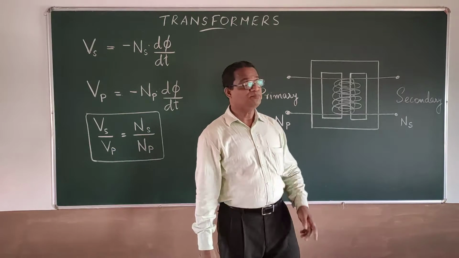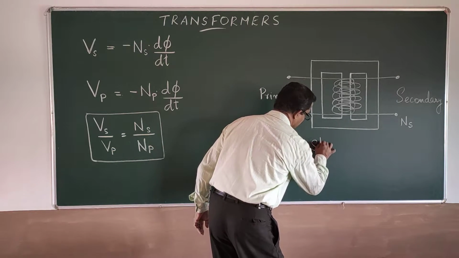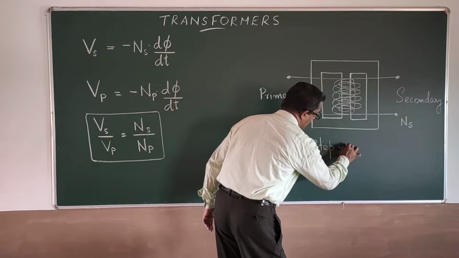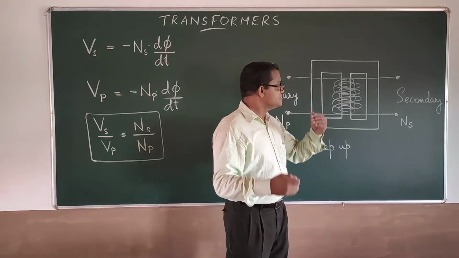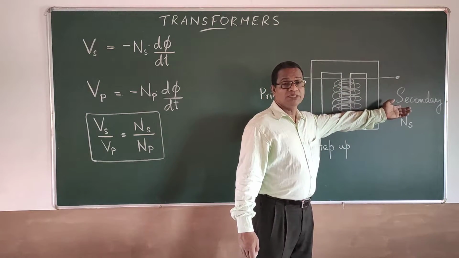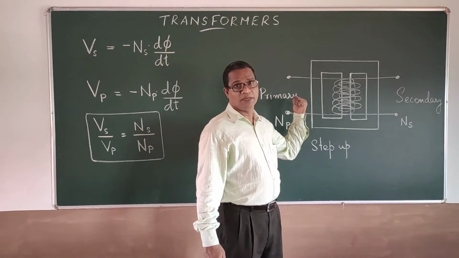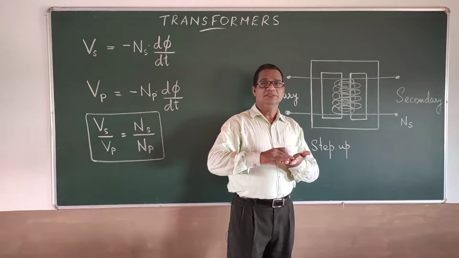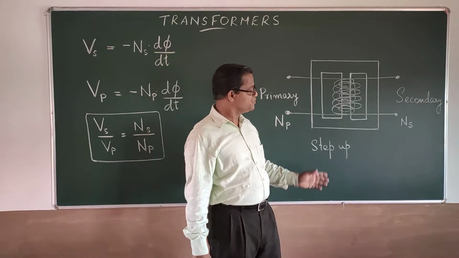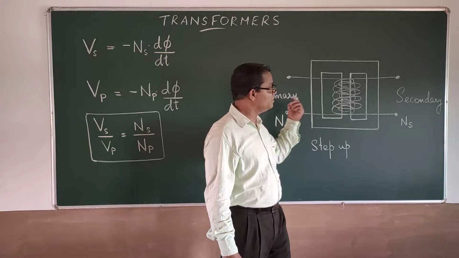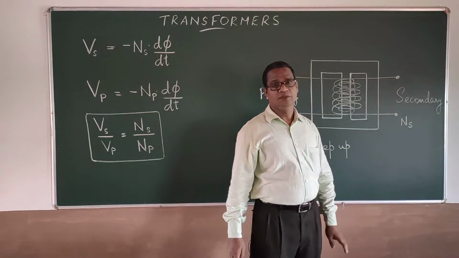One is step up transformer. Step up means secondary voltage is greater than the primary, means there is a sudden increase in the output voltage. That means if you give 100 volt here, you will be getting 1000 volt over here.